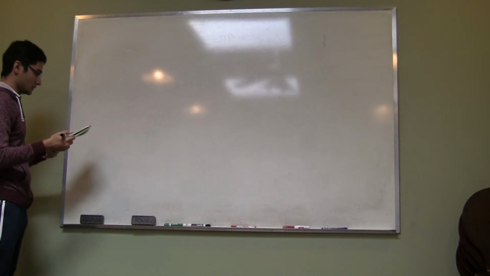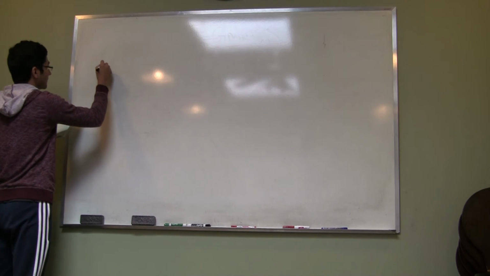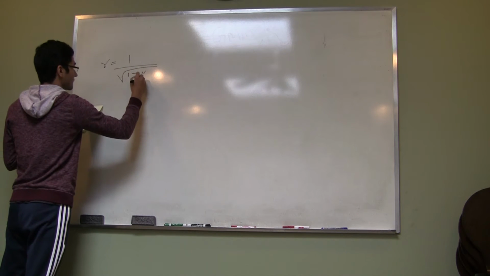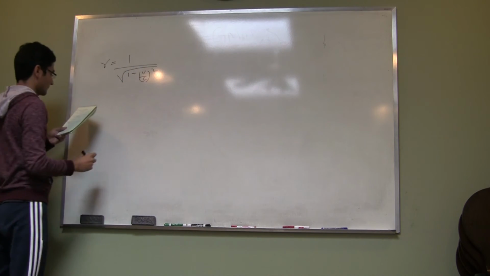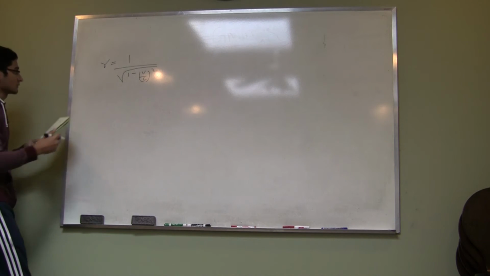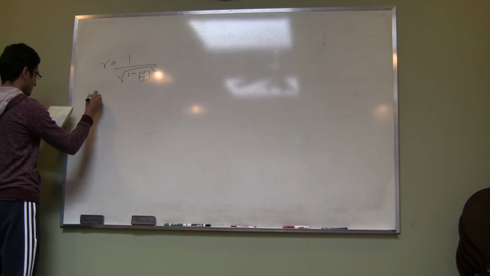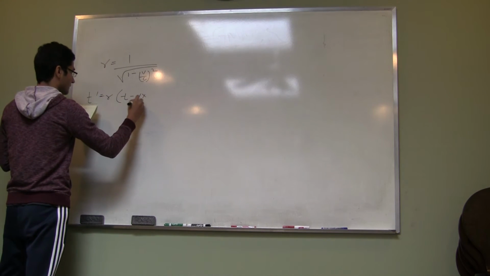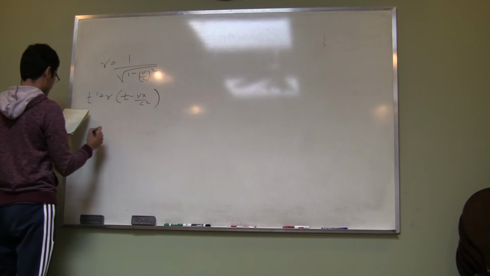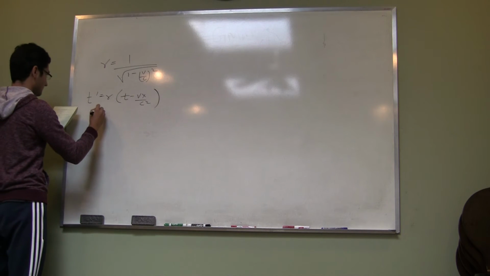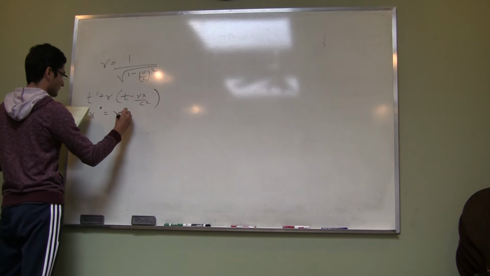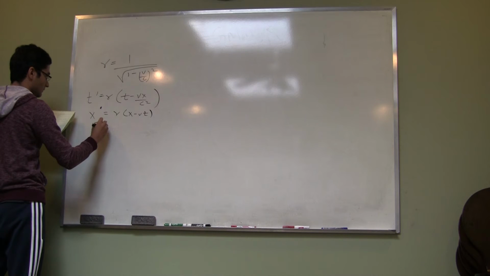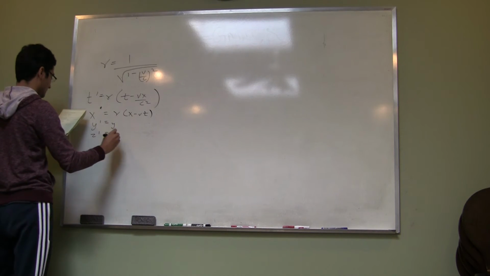I guess you know the Lorentz transformation, right? Gamma equals 1 upon root of 1 minus v by c the whole square. The formulas are t prime equals gamma times t minus v x by c square, and x prime equals gamma times x minus v t, with the motion just in the x direction, y prime equals y and z prime equals z.